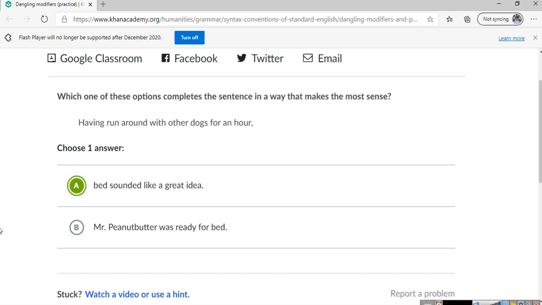Alright. Having run around with other dogs for an hour, bed sounded like a great idea. So let me ask you this. Who was running with other dogs for an hour? The bed? The bed was running with other dogs? No. So why do you think this is the option?